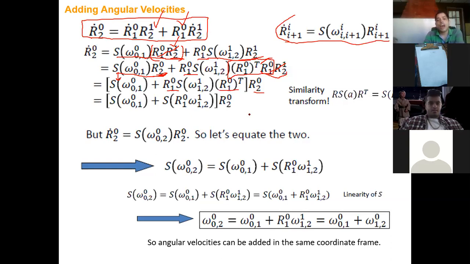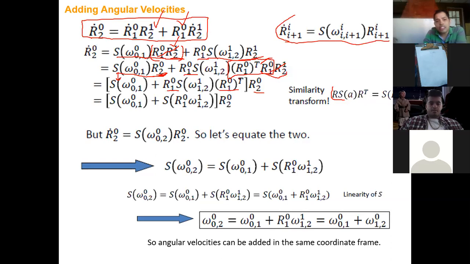Now let's use this formula. Do you remember we talked about this earlier? R S R transpose equals S of RA. This is one of the properties we talked about last class, called the similarity transform. If you have R S R transpose, that can be written as S of RA.